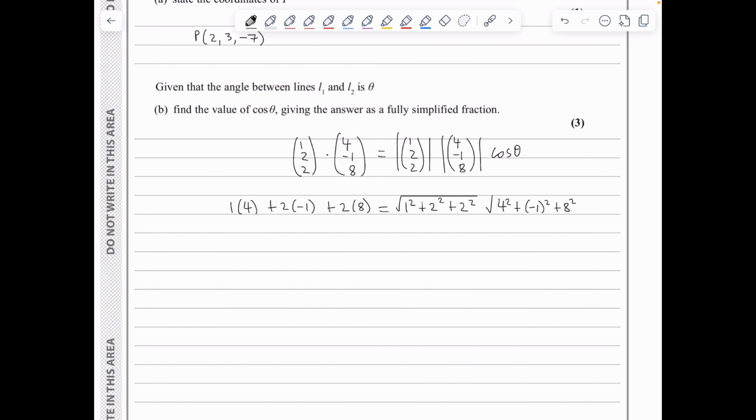That's the magnitude of the direction vector of the second line times cos of theta. This leads to 18 being equal to 27 cos theta. And if I divide both sides by 27, we get that cos theta is equal to 2/3.